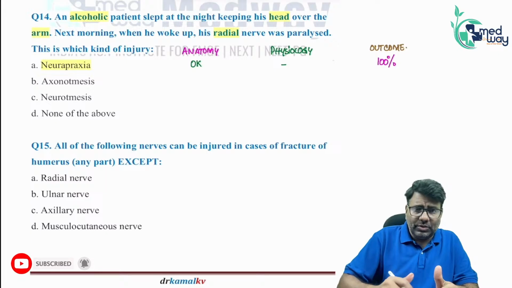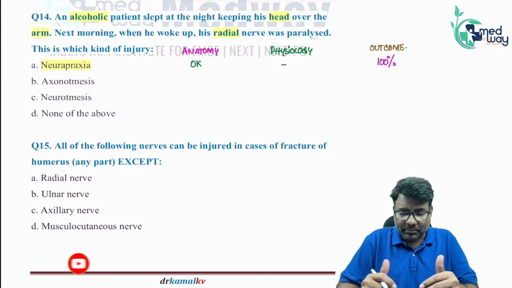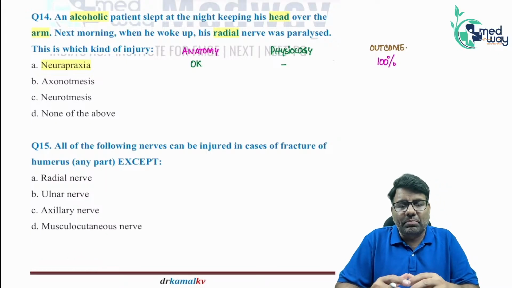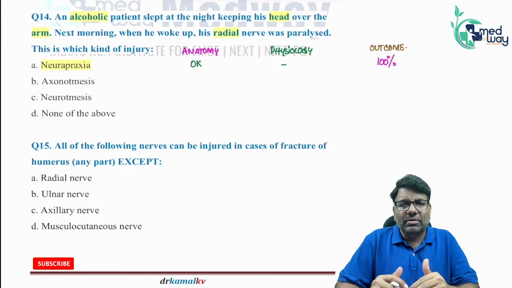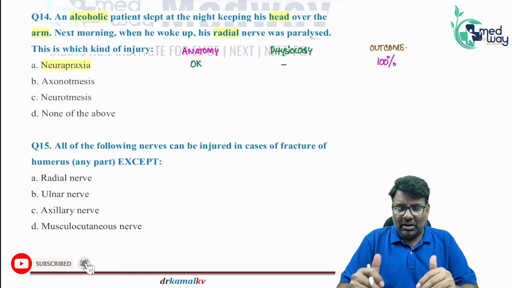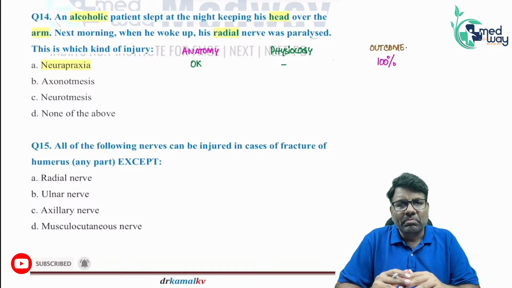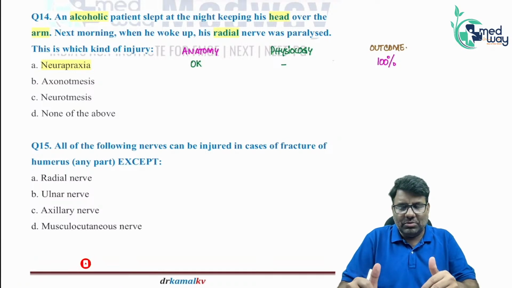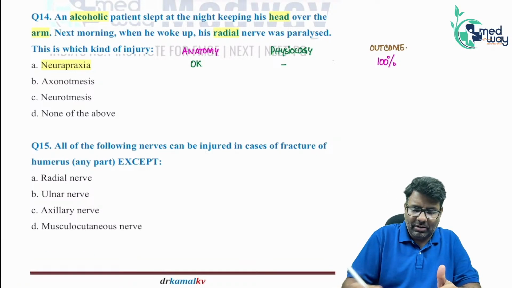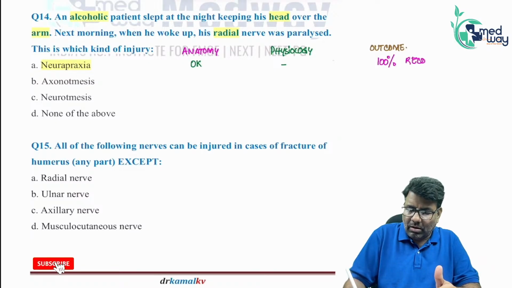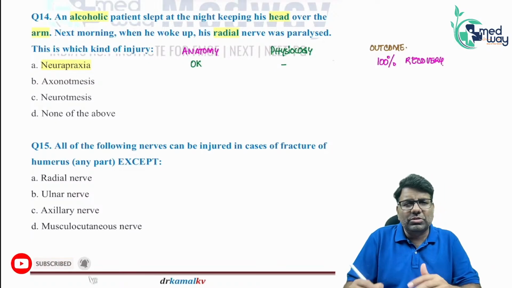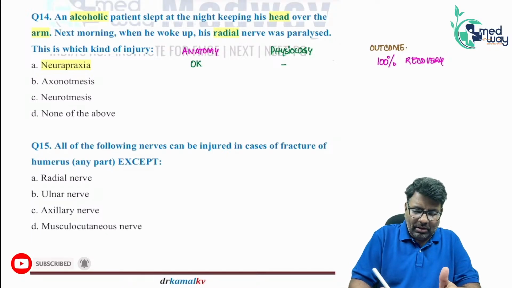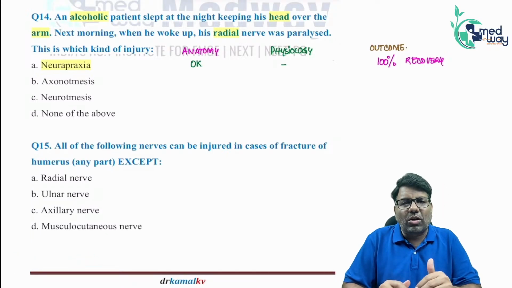So this is a classical case of neuropraxia, where because of compression the nerve has stopped working, but this is temporary. Eventually the nerve will start working again, so 100% recovery. So prognosis is good for neuropraxia. Then there is another variety, axonotmesis.